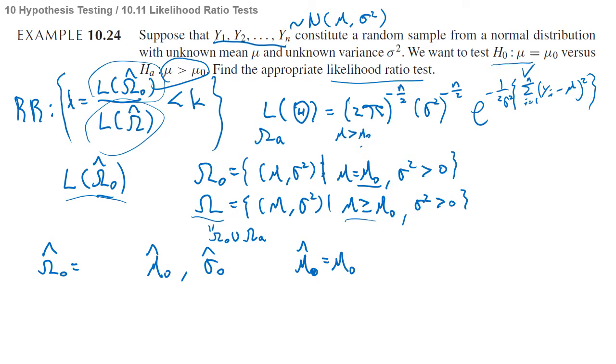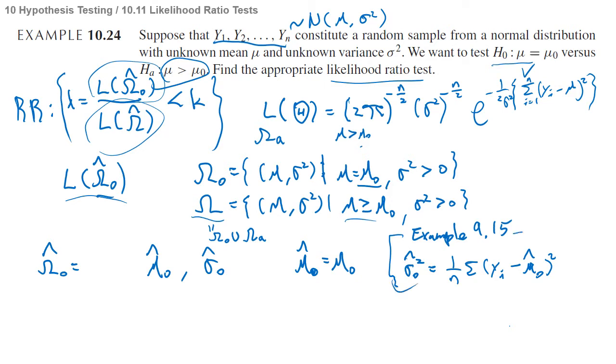And from example 9.15, we already calculated our sigma square estimate is 1 over n sum of (yi minus mu 0 hat) squared.